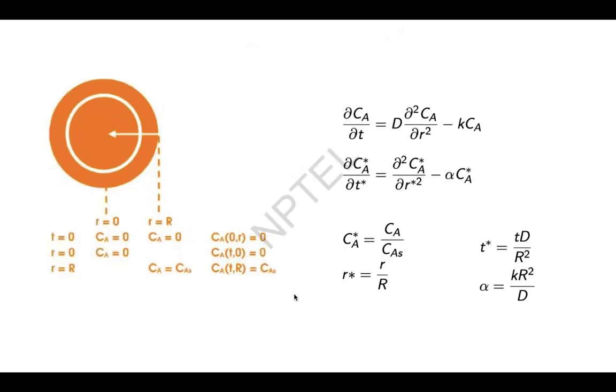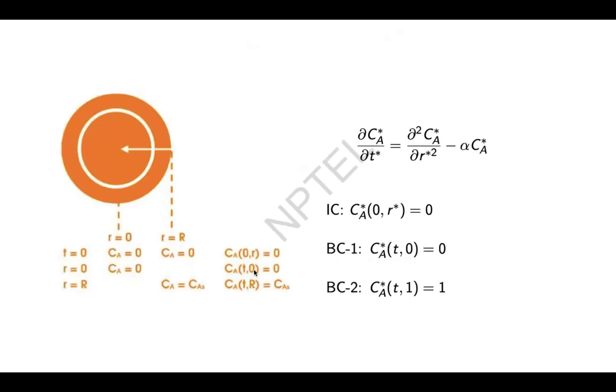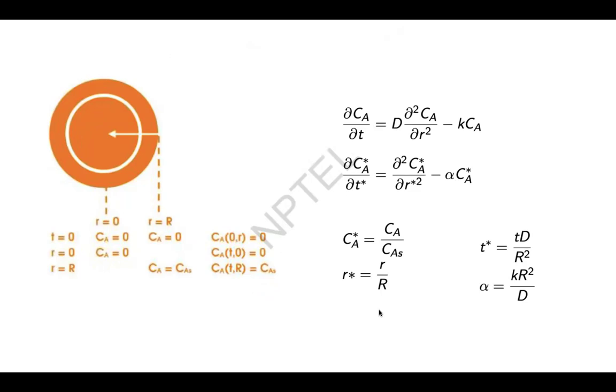But your other boundary condition is at whatever t, at the surface. At the surface, the concentration is equal to CAS. Do we have R here anymore? We have written the whole thing in terms of R star, where R star is nothing but r by R. So if we substitute capital R for r, R star becomes R by R, which is 1.